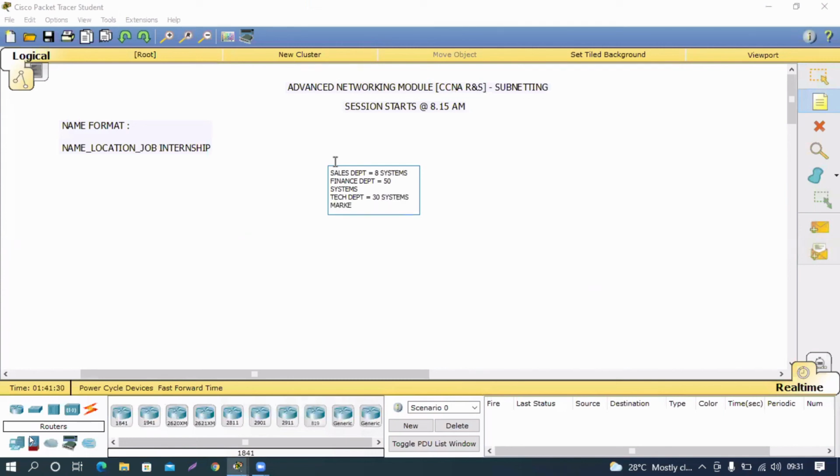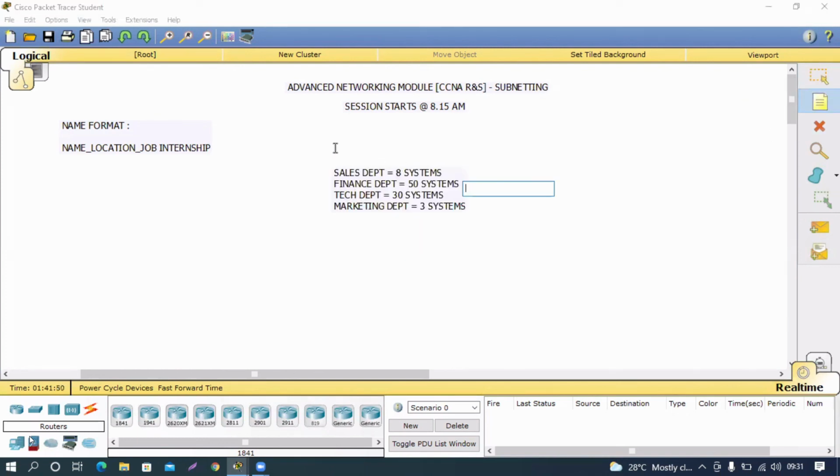And marketing department, you have around 4 systems. Okay, let's say 3 systems. Now this is what exactly you're having as the requirement.